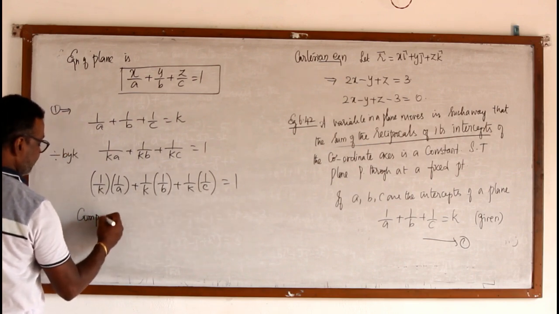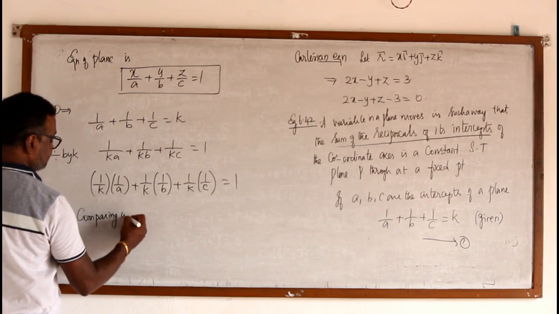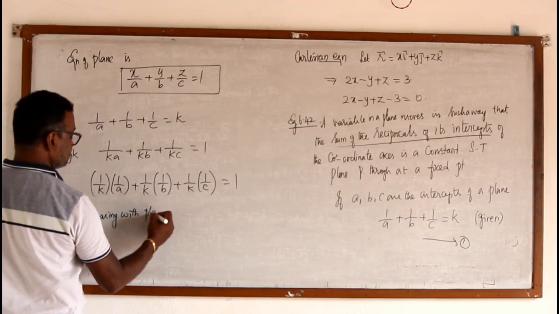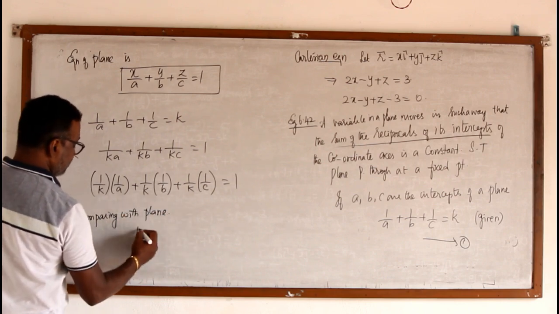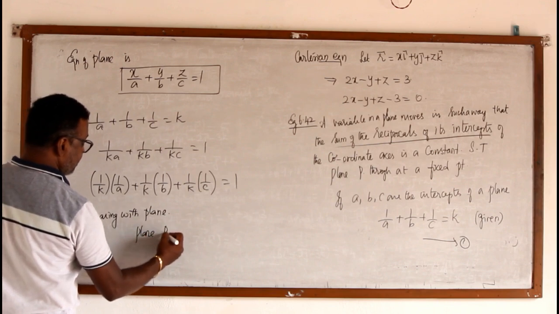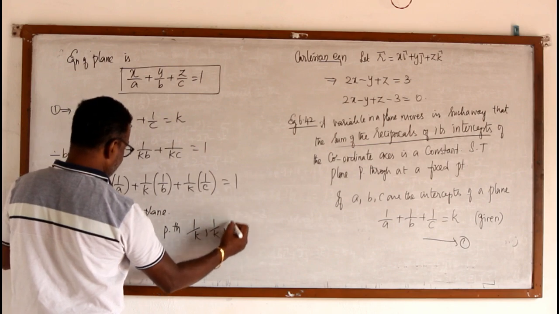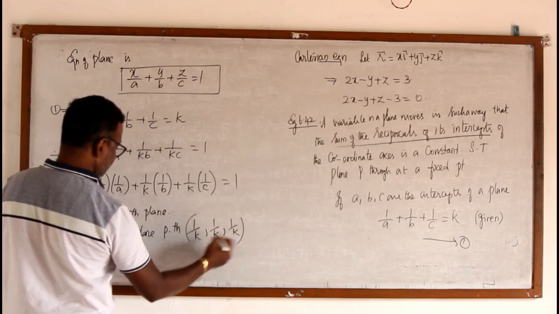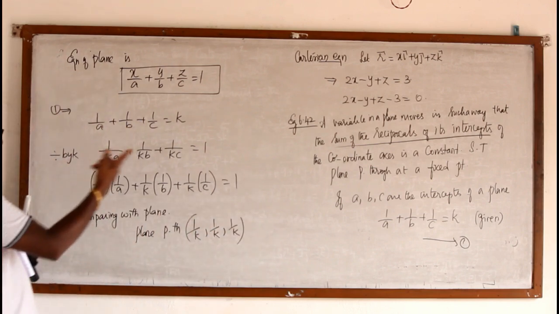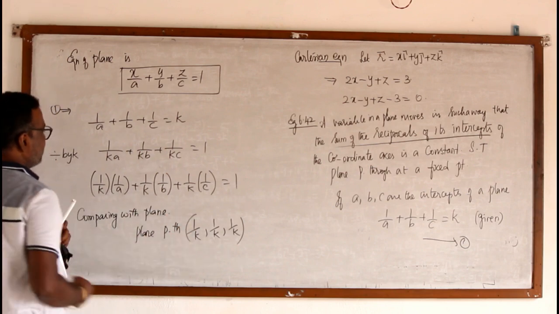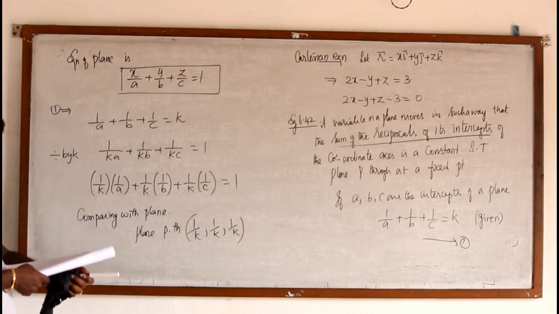Comparing with the plane, it passes through (1/k, 1/k, 1/k). That means the plane passes through a fixed point (1/k, 1/k, 1/k).